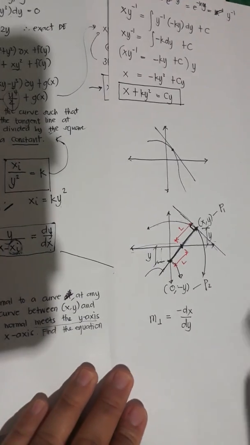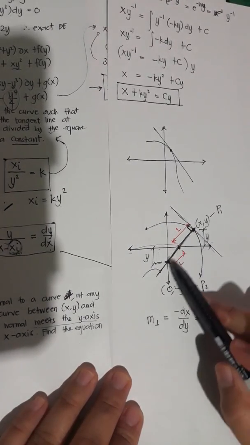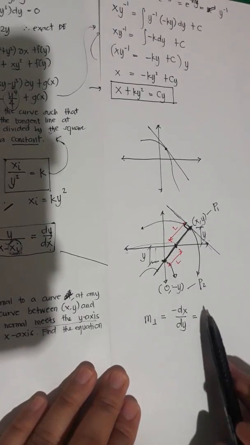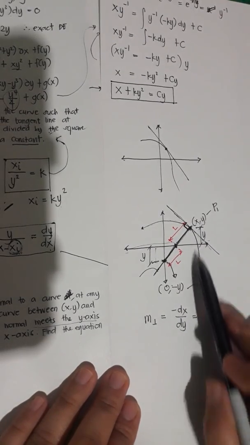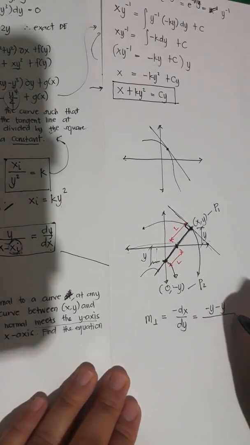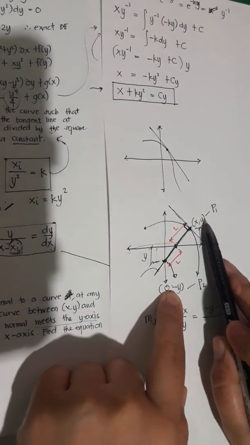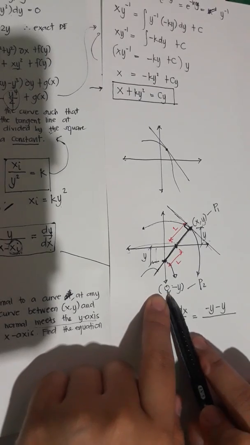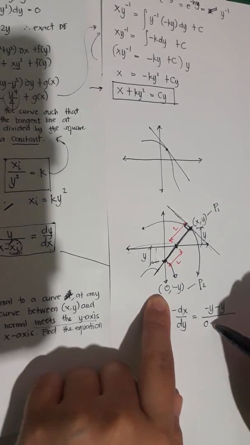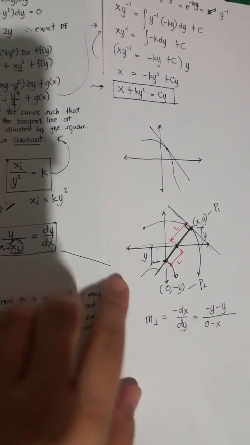So we have here the slope of this normal line: the difference of the ordinates, negative y minus y, all over, the second ordinate minus first ordinate all over second abscissa minus first abscissa, which is x.